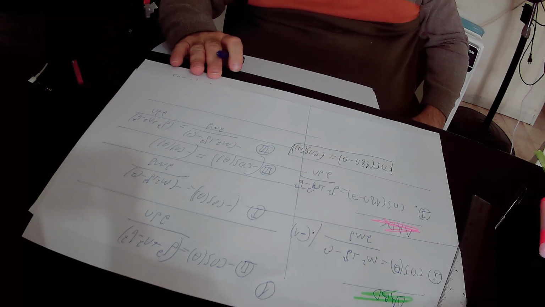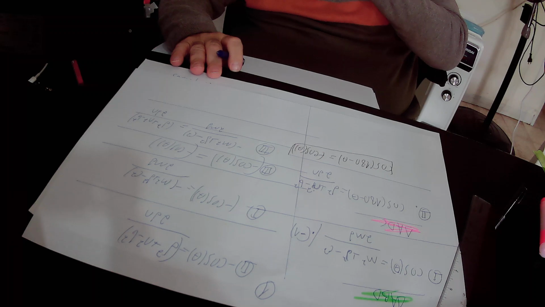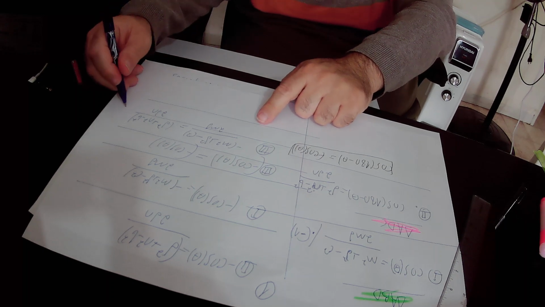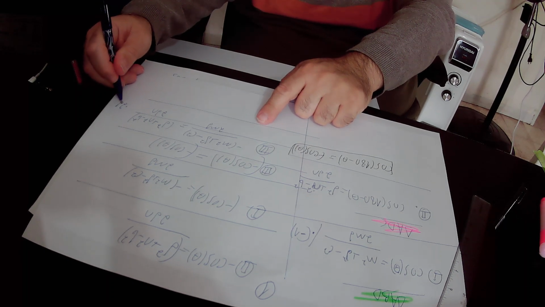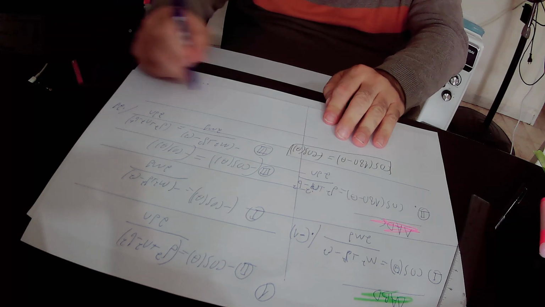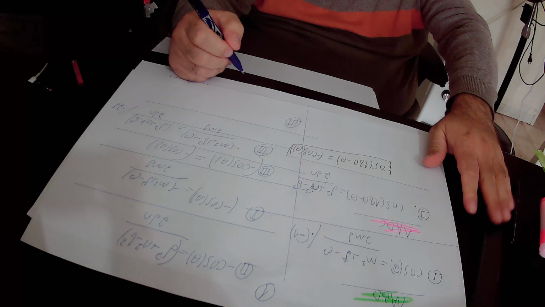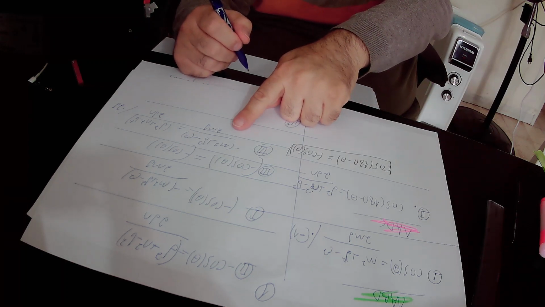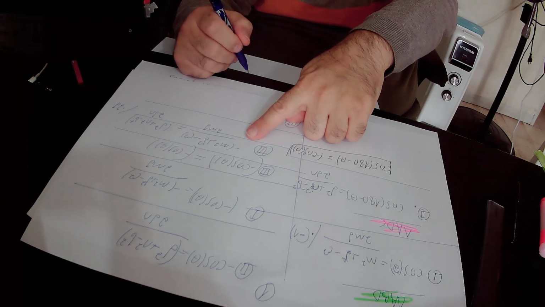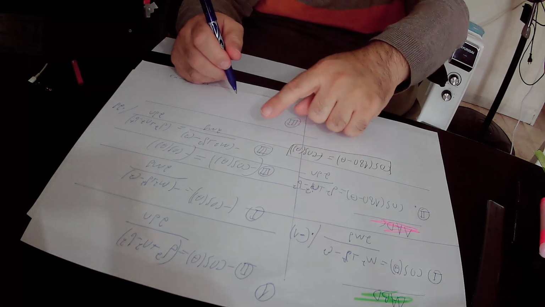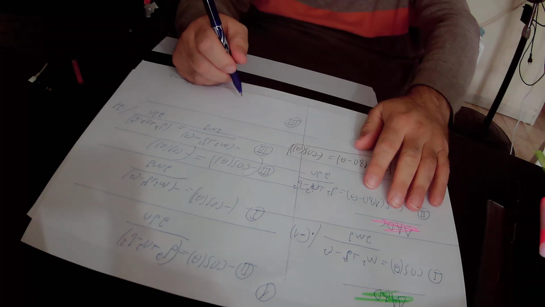In the next step, we will multiply this equation number 3 by 2d. According to equation number 3, we multiply this side by 2d. So we have here 2d over 2d is 1, so 2d gets cancelled, and in the denominator we're left only with m.